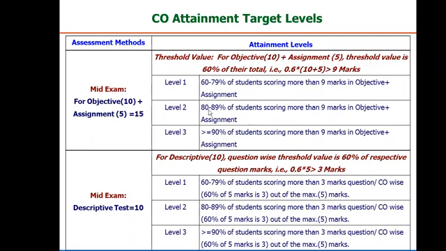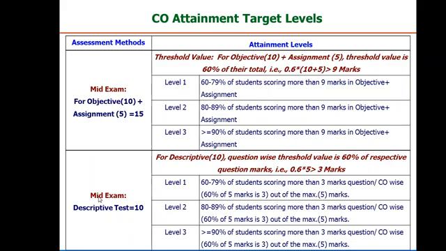Suppose 80 to 89 percent of students scored more than 9 in both tests, then you can make it level 2. Then if 90 percent and above students scored more than 9 marks in both tests, you can make it level 3. This is the highest one. So these three levels will be defined based on this threshold value.